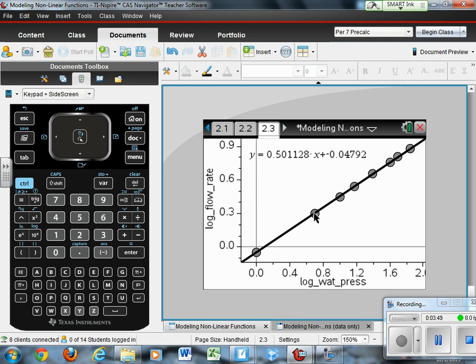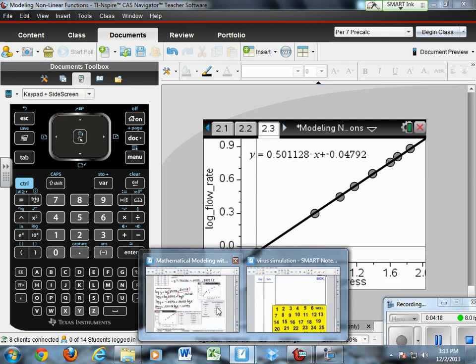Here is the linearized graph between log of water pressure and log of flow rate, and notice the equation, there are those same two numbers. When we did a linear regression, those same two numbers popped up before. So when we're doing a power regression, we're really doing a linear regression of the log of both variables.